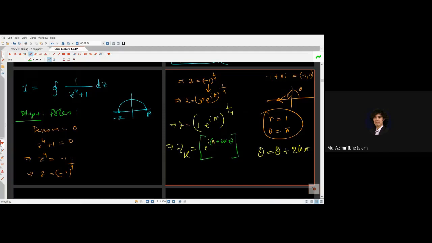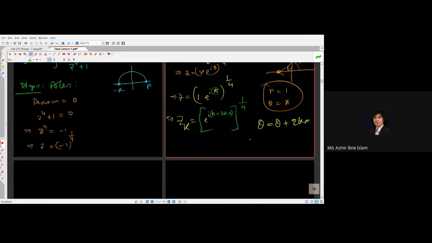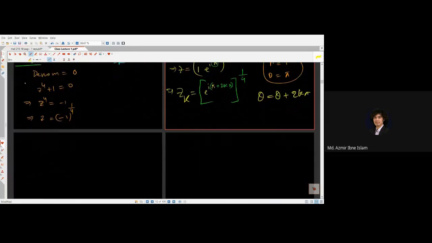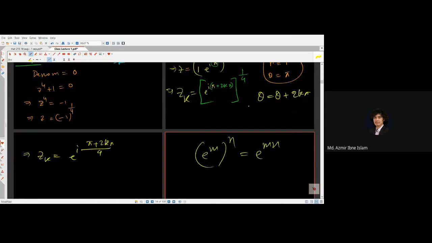Theta plus 2k pi with power 1 over 4. So that means we have zk equal to e to the power i (pi plus 2k pi) by 4. We know that e power m power n is equal to e power mn. So that power is coming here.